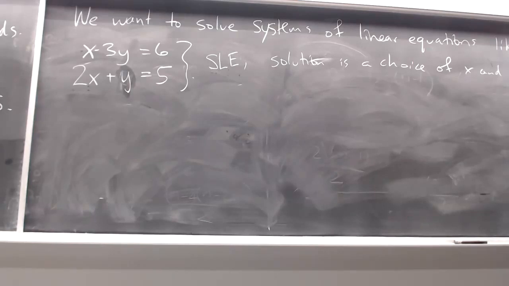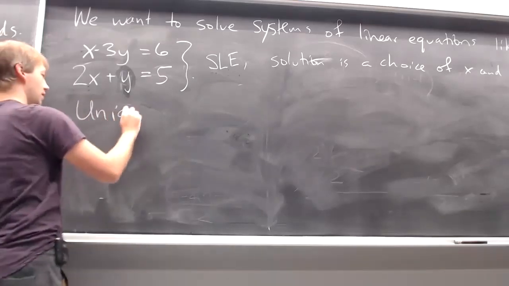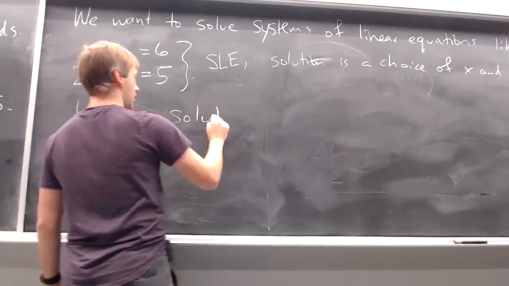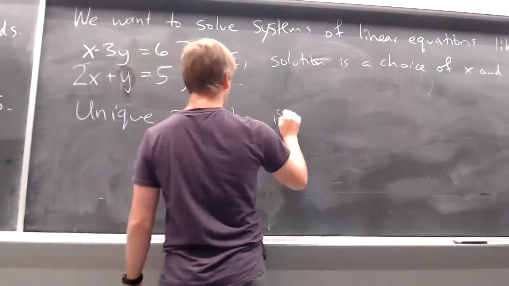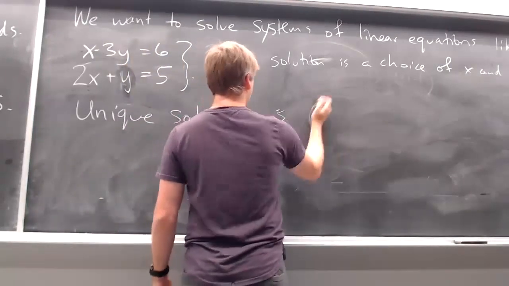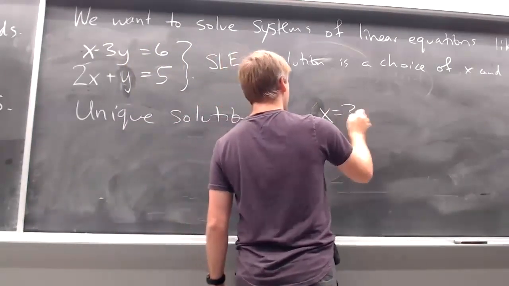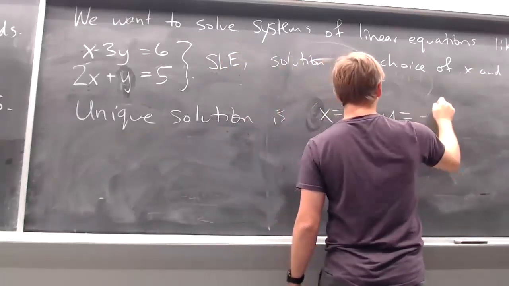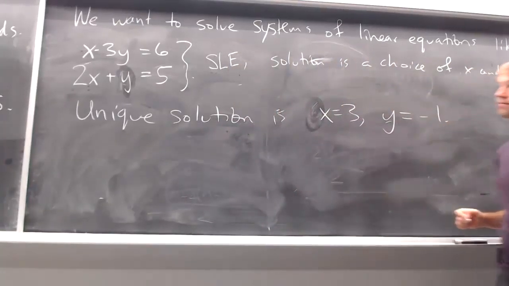If I want to satisfy both equations simultaneously, I have to pick a point that's on both lines, and there's only one such point. So here the unique solution is when x is 3 and y is -1, right?